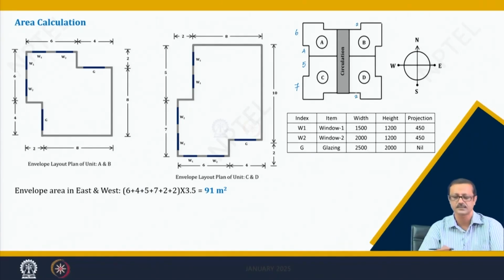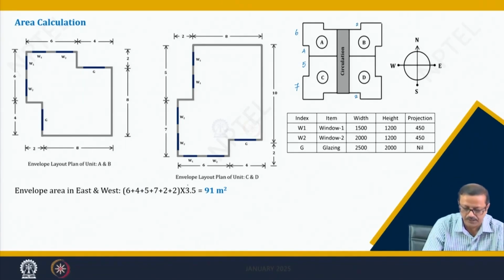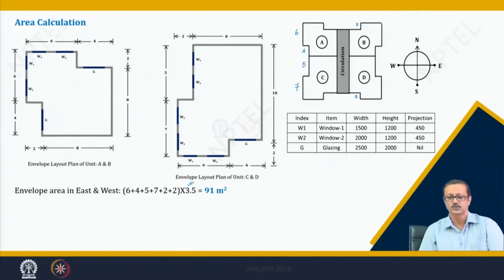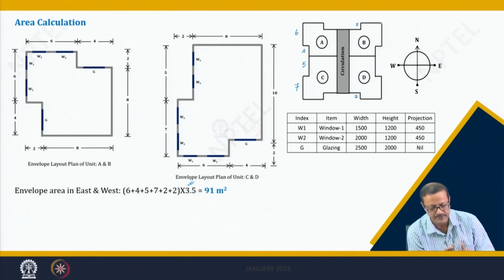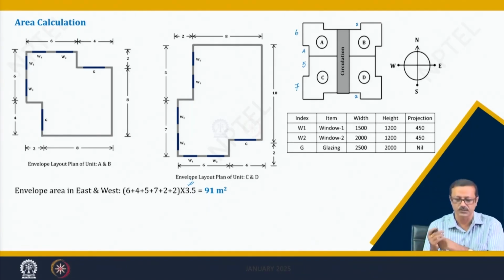That is also facing east, and I have multiplied with 3.5 meter. So, that gives me 91 square meter as the facade envelope area for the east and west. And please remember, this is a mirror image, so the 91 will remain for the east also.